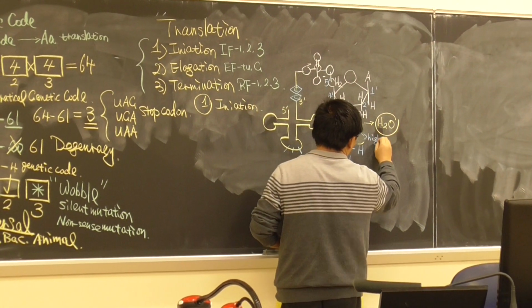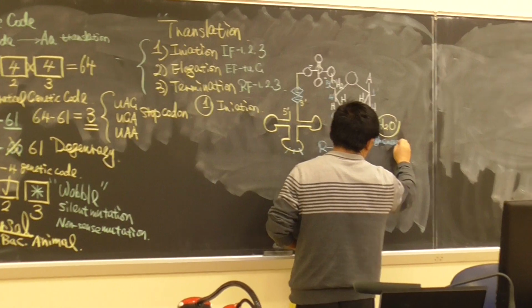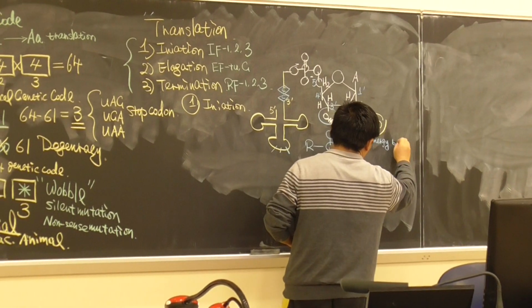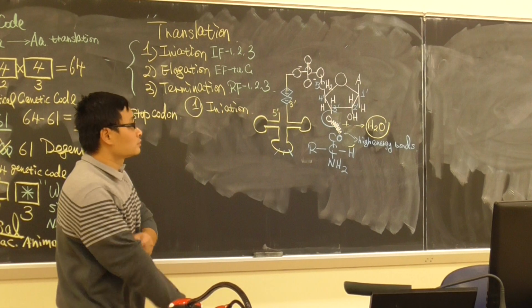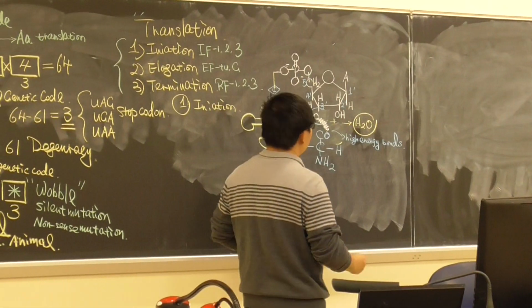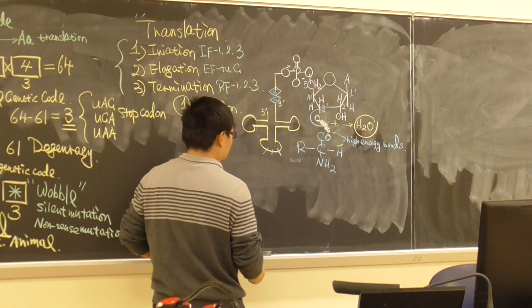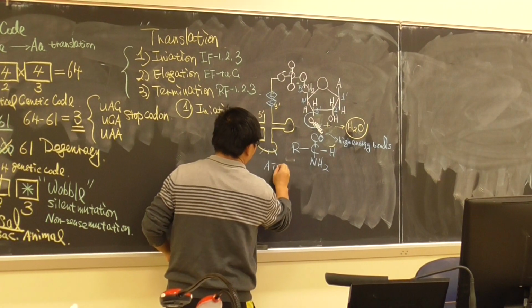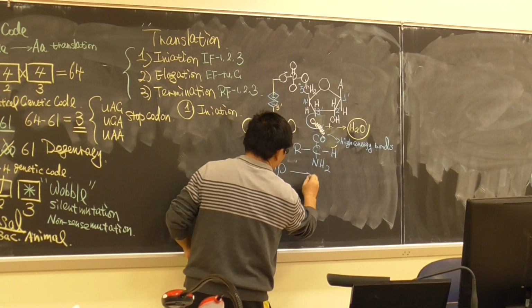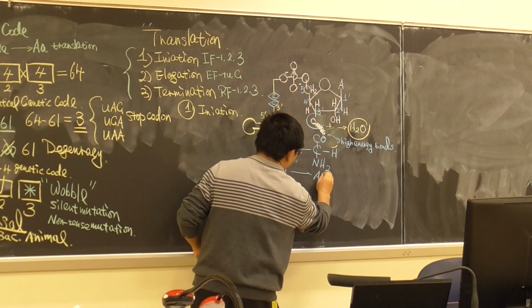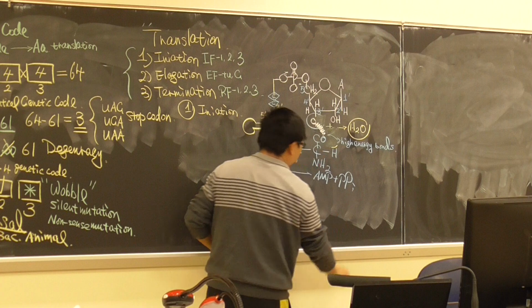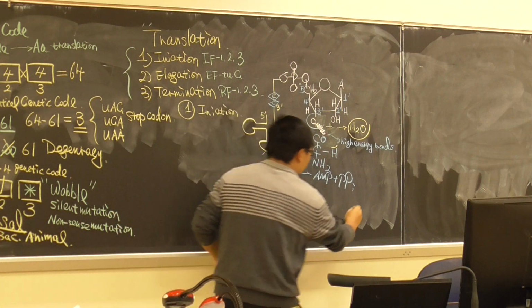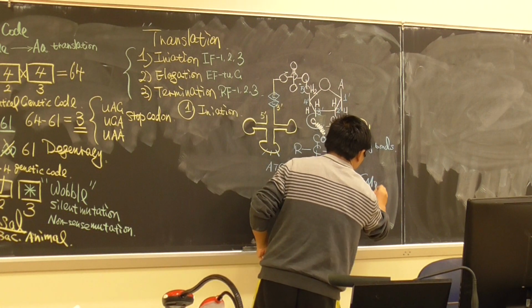This is a high energy bond. What stores it? Kind of like a phosphate. This process needs ATP to be hydrolyzed, becoming AMP and 2 phosphates. This also needs the help of magnesium.